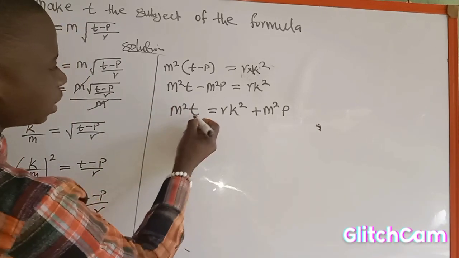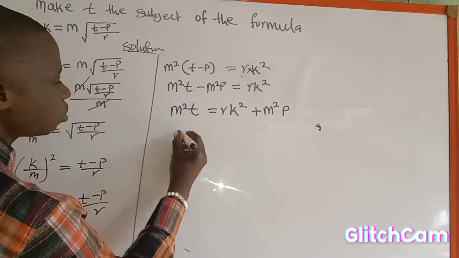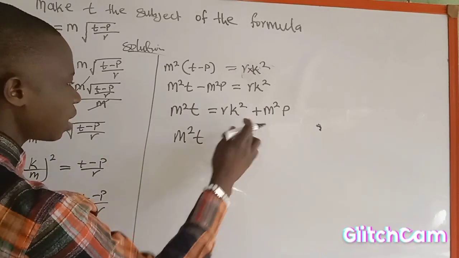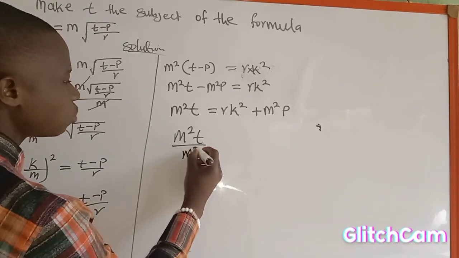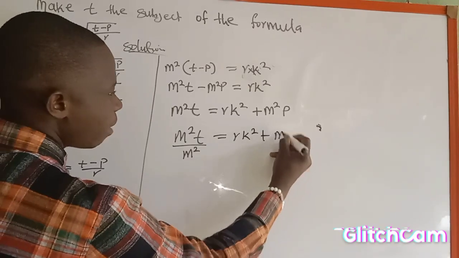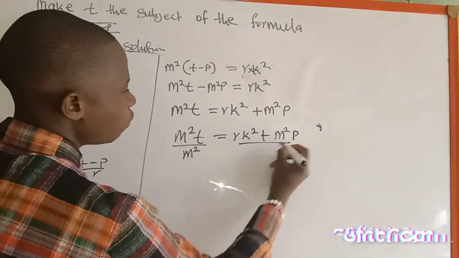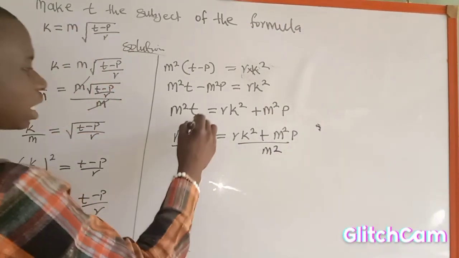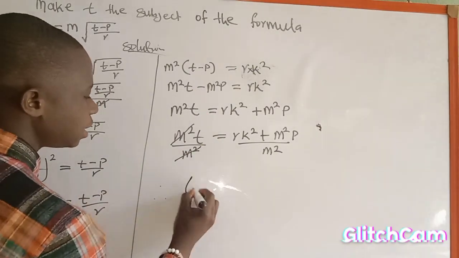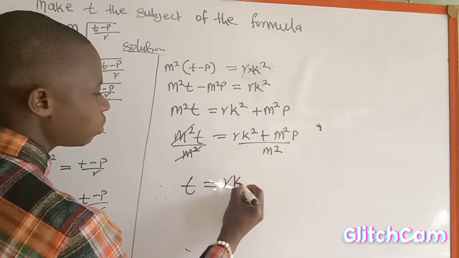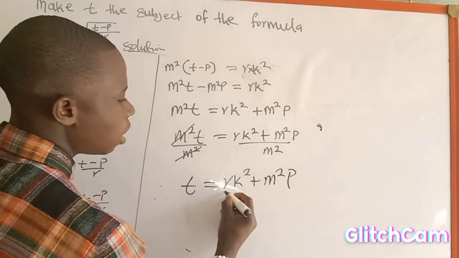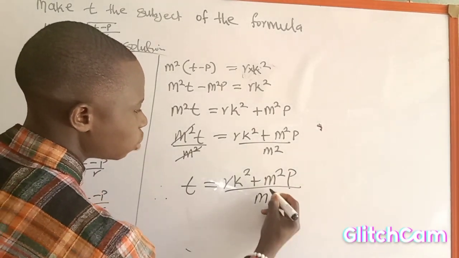So the coefficient of t now is m squared. We divide both the left hand side and the right hand side by m squared: m squared t all over m squared equal to r k squared plus m squared p, everything all over m squared, so that this m squared can go with this m squared. Therefore my t now will be equal to r k squared plus m squared p, everything over m squared.